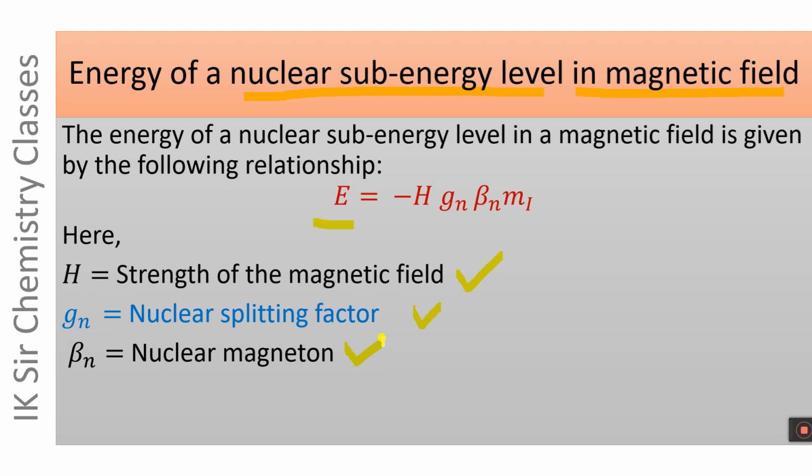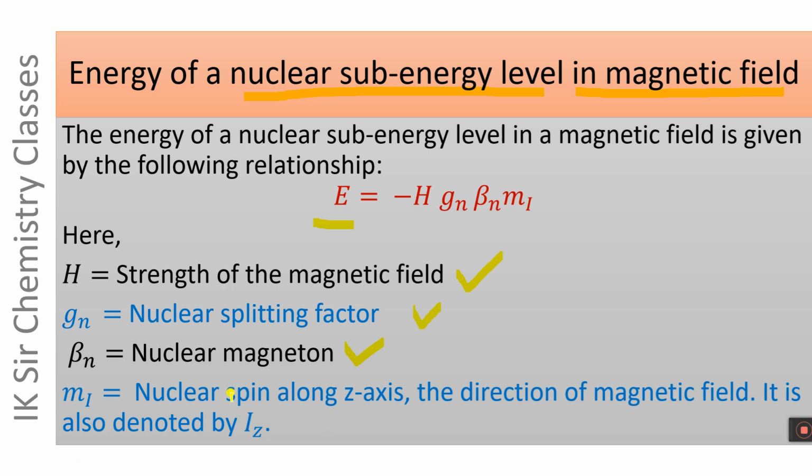And what about Mi? It is the nuclear spin along the z-axis, that is the direction of the magnetic field. It is also denoted by Iz.